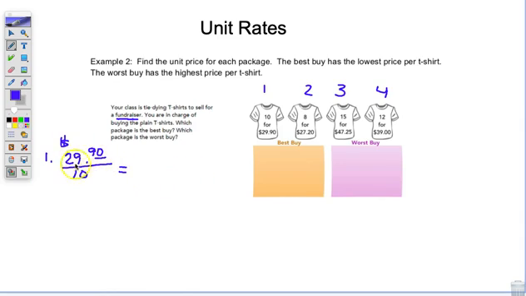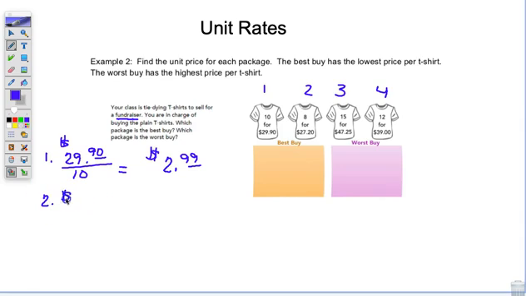So on your calculator, go ahead and take $29.90 and divide it by 10. When you do that, you should get $2.99 per t-shirt. Let's look at the second one. In the second package, we can get 8 t-shirts for $27.20.